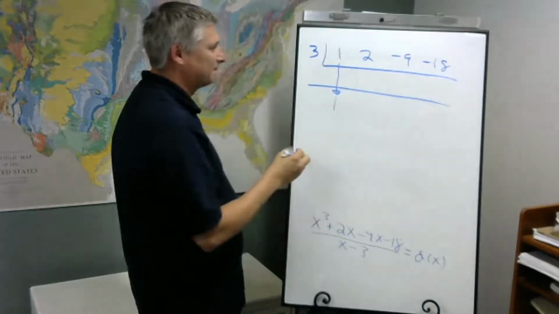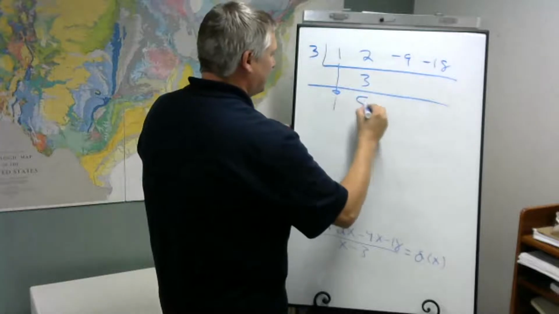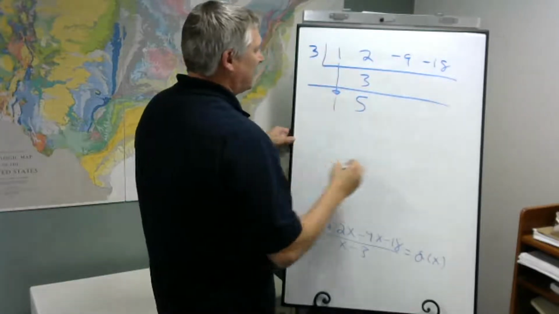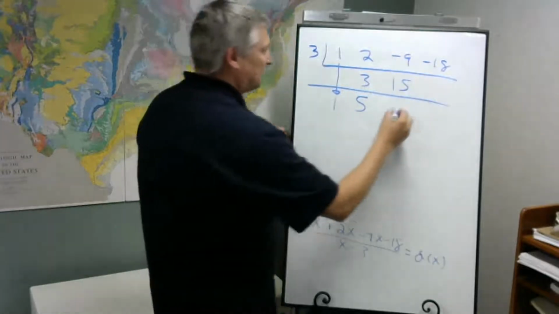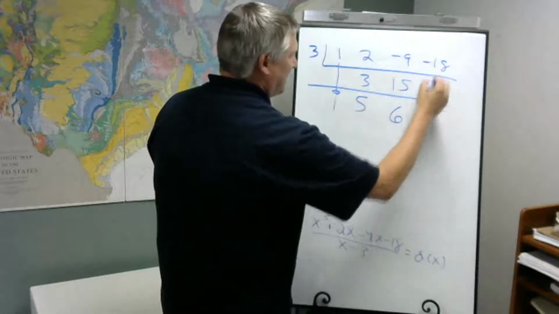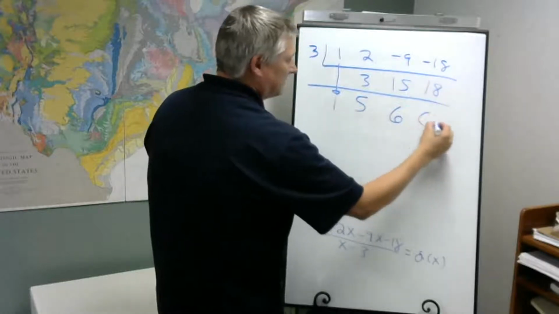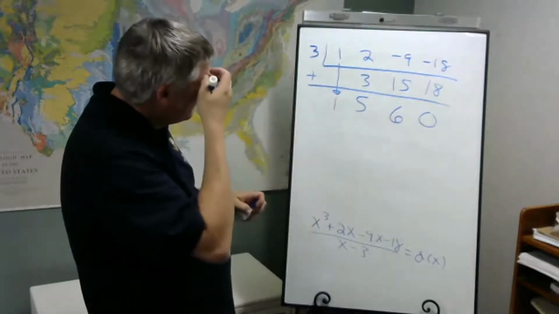So bring down the 1. 3 times 1 is 3. Add these, we get 5. 3 times 5 is 15. Add these, we get 6. 3 times 6 is 18. And add negative 18 and 18, we get 0. And don't forget, for synthetic division, we're adding.